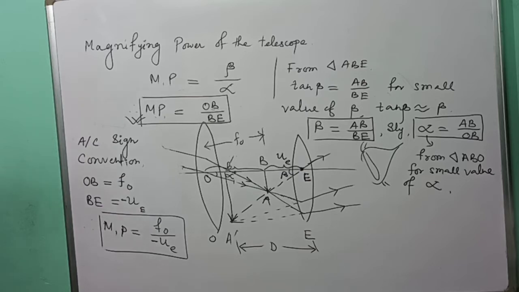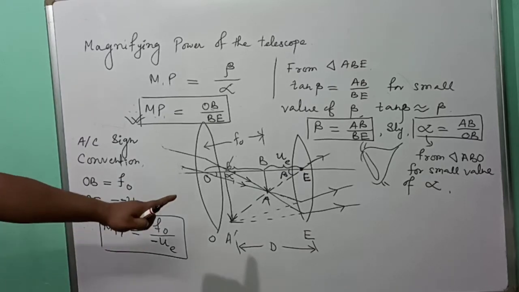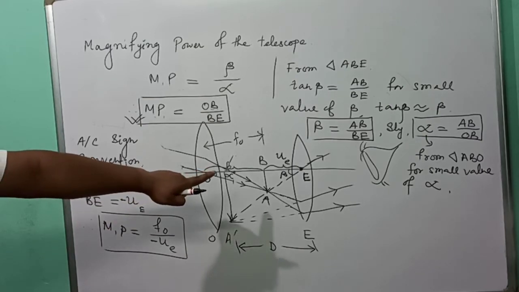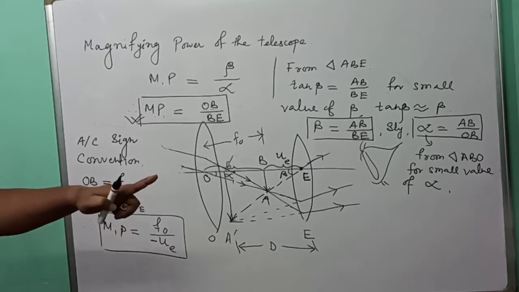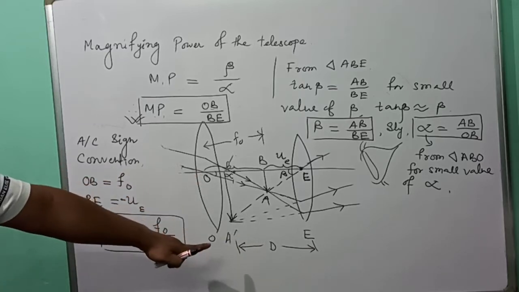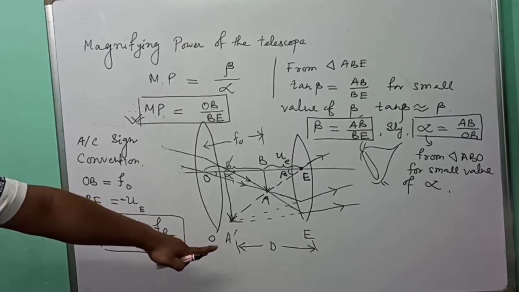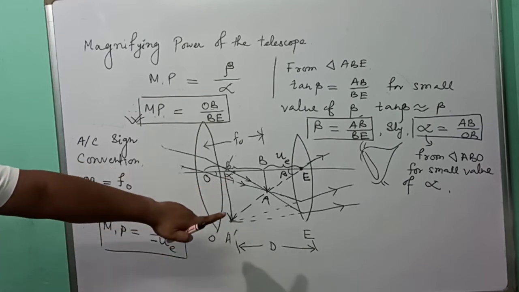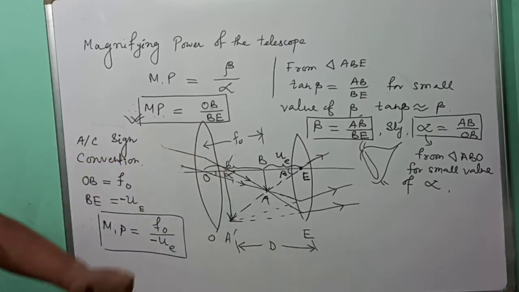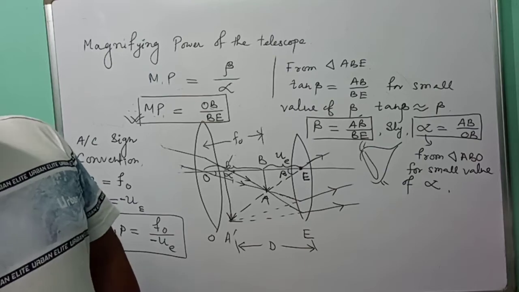Now the object distance for the eyepiece lens can be written in terms of the image distance, which here is D, and also in terms of the focal length of the eyepiece lens.